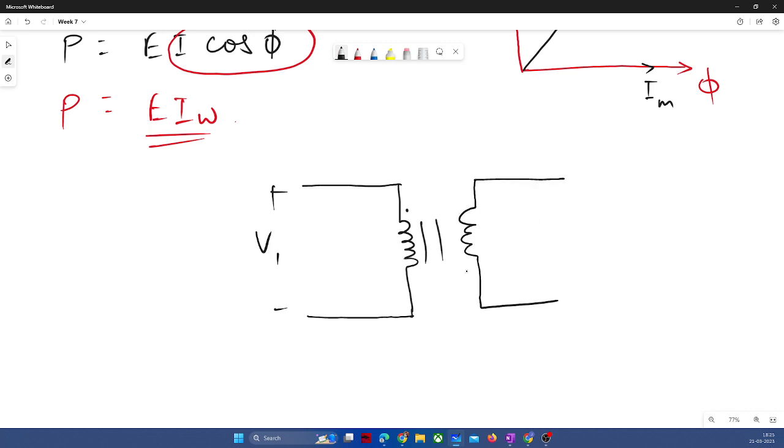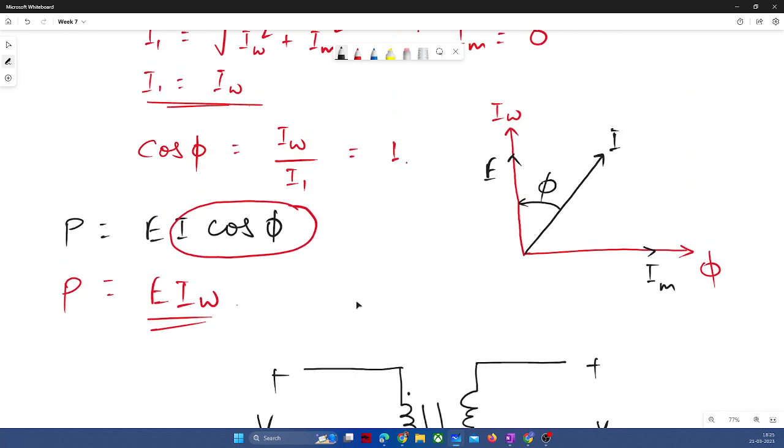Sir, this E I cos phi, you are saying this is the real power transfer? Yes, real or active power. Sir, but this I cos phi is the current which is responsible for producing the hysteresis and eddy current loss. Yes, you're correct. Only IW is responsible for your hysteresis and eddy current.